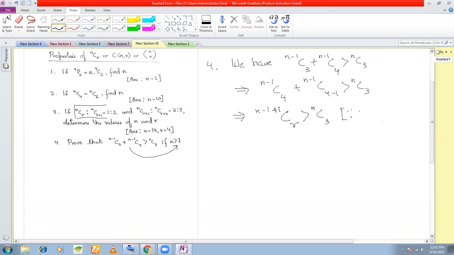I'm writing nCr plus nC(r minus 1) is equal to (n plus 1)Cr. If you see, r here is 4 and n here is n minus 1. So that is why the addition of these two is equal to (n minus 1 plus 1)Cr, by Pascal's rule. Next you get nCr is greater than nC4. This is not r, this is 4.